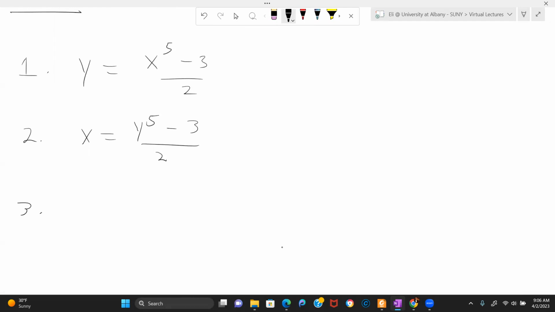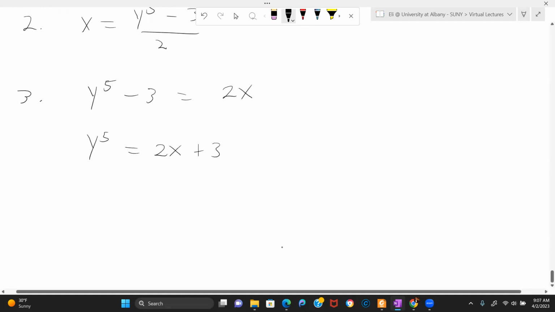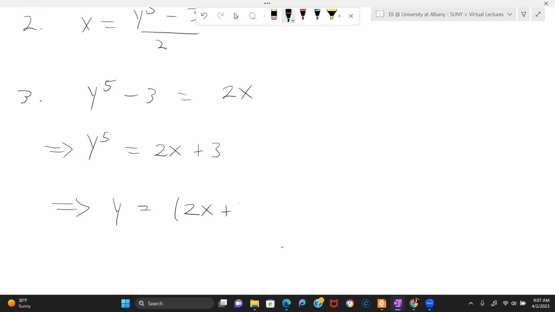So I'm going to rearrange the equation and multiply by 2 to get this. And then I'm going to add 3 to both sides, so I get 2x plus 3. And this is going to imply that y is equal to the fifth root of 2x plus 3.